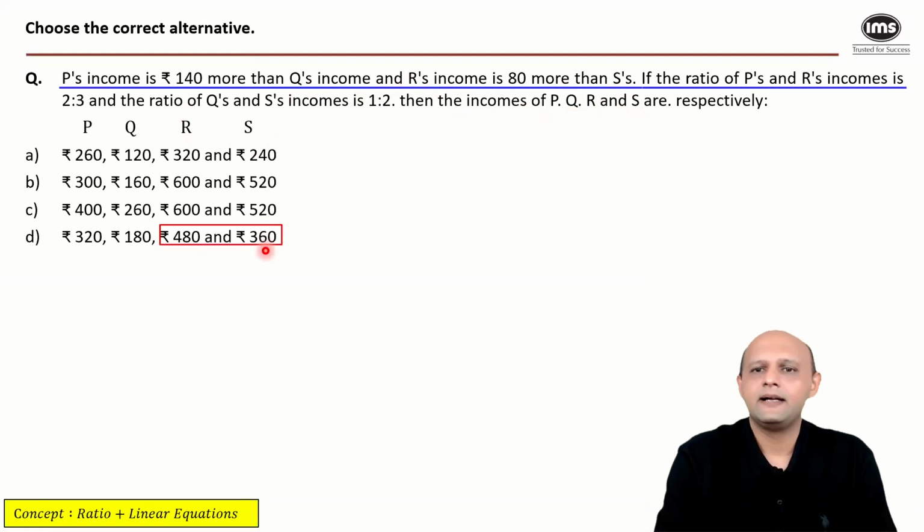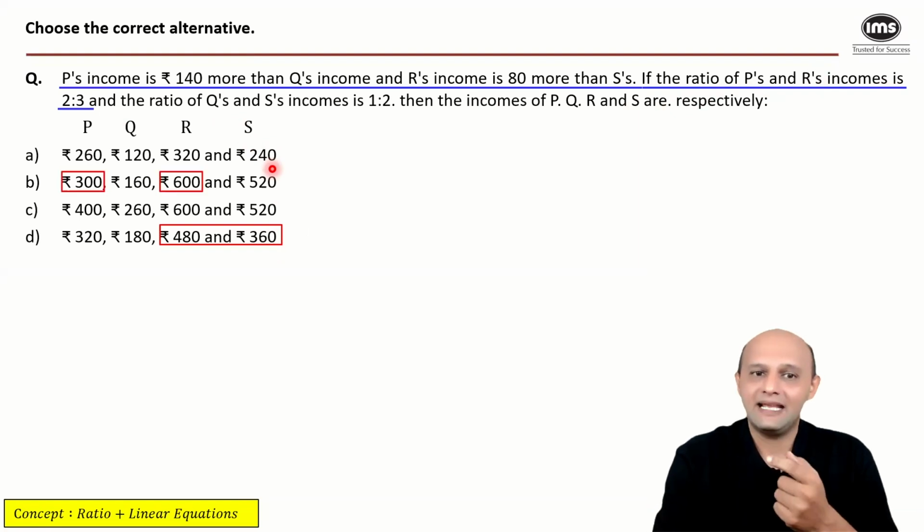Now, reading the question further, you'll realize that if the ratio of P's and R's income is 2:3, let us pause at this part of the question. If their ratio is 2:3, can option B be the answer? No, because this is 1:2. So B is also ruled out.